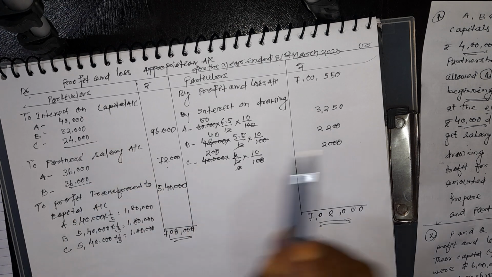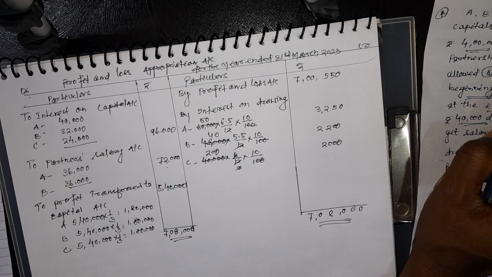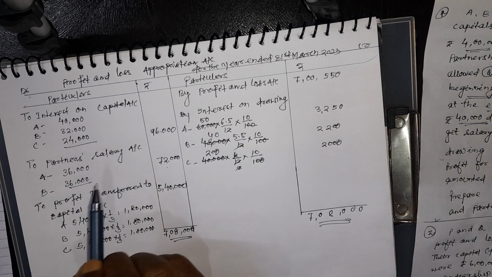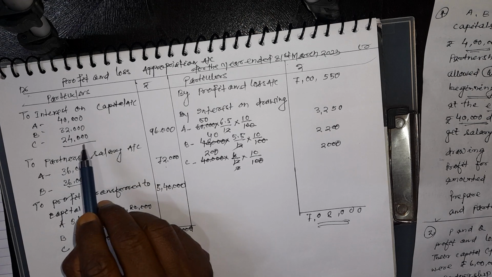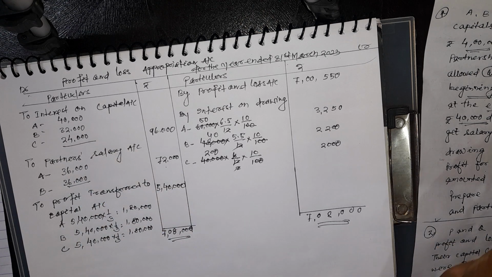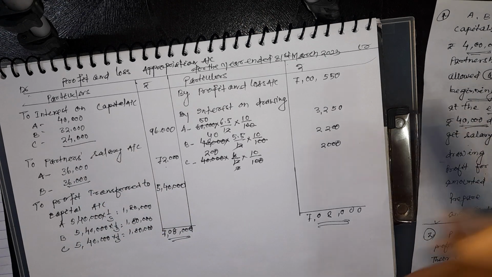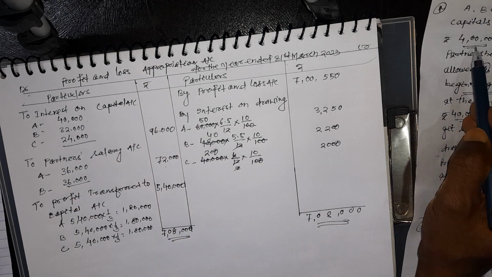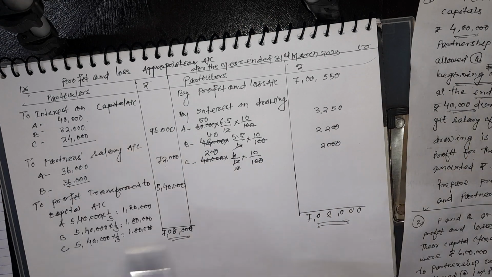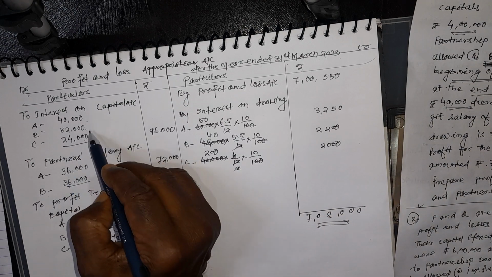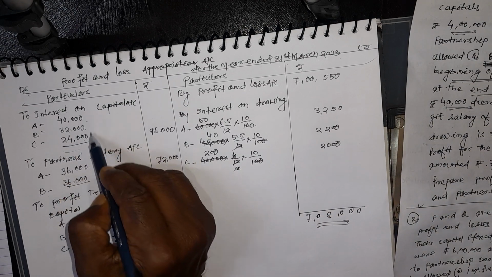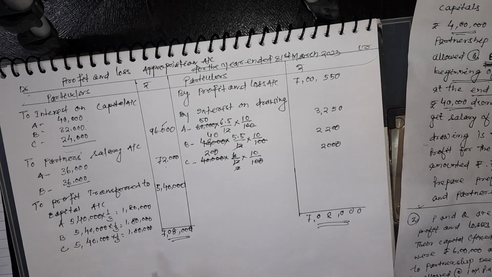In this question it is opening capital, because here it is written first capital. If it is opening capital, it will be easy for you. No need to calculate anything, simply calculate: 5 lakh at 8%, 40,000; 4 lakh at 8%, 32,000; 3 lakh at 8%, 24,000. Means the total interest on capital given to three partners is 96,000.